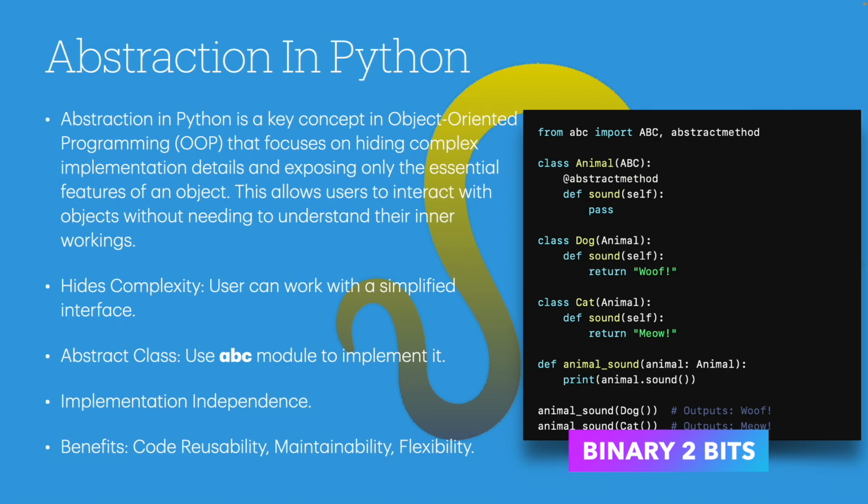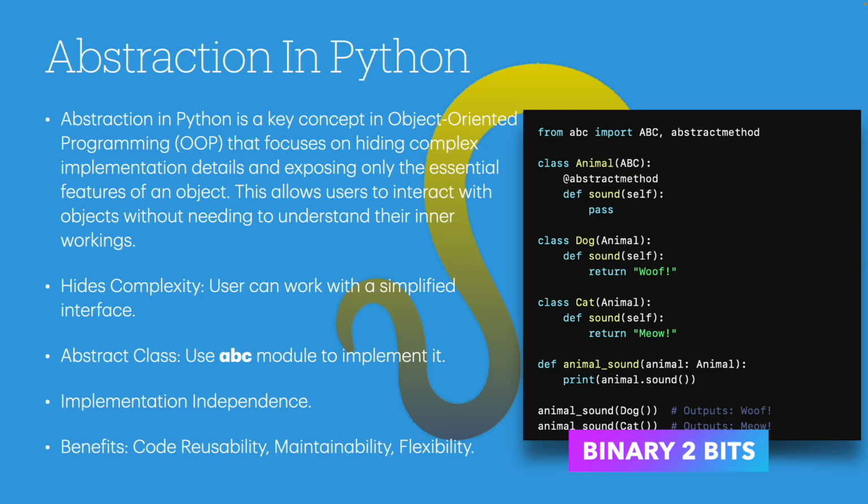Here you can see the class Animal, which is an abstract class, and it forces you to override the sound method when you inherit the class. Using the ABC package, we can inherit the ABC class, which is the abstract base class, and the abstractmethod decorator, so we can make that method an abstract method.